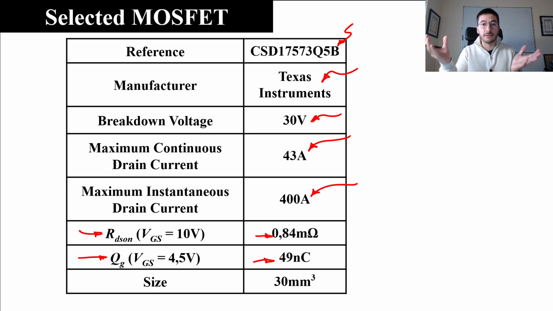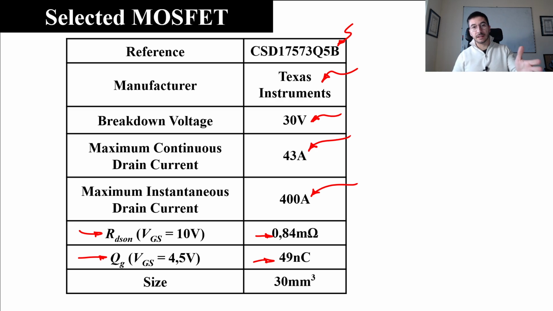Okay, we don't have a perfect short circuit, we have a small resistance. So in this way, this on resistance allows us to estimate conduction losses. If we have a high resistance, we have high conduction losses. If we have a low resistance, we have low conduction losses.